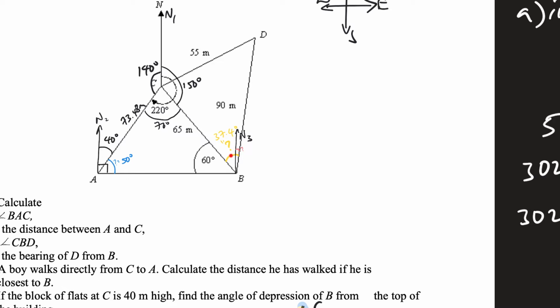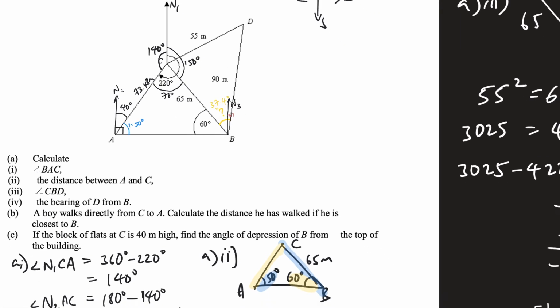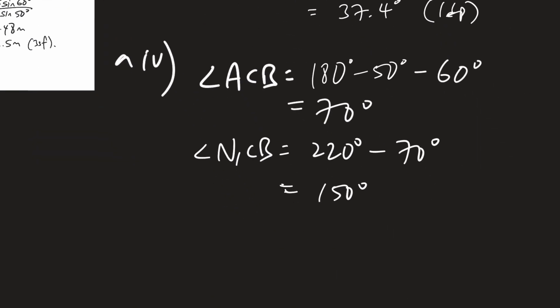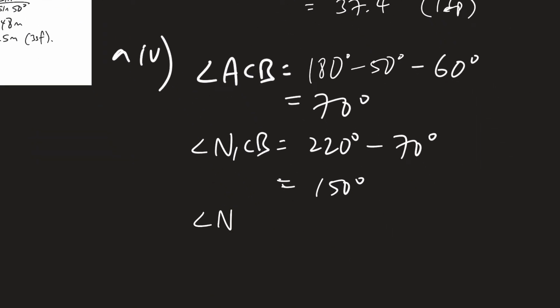It must be 180 minus 150 by interior angles. So I'm going to say CBN3 by interior angles is going to be 180 minus away 150.